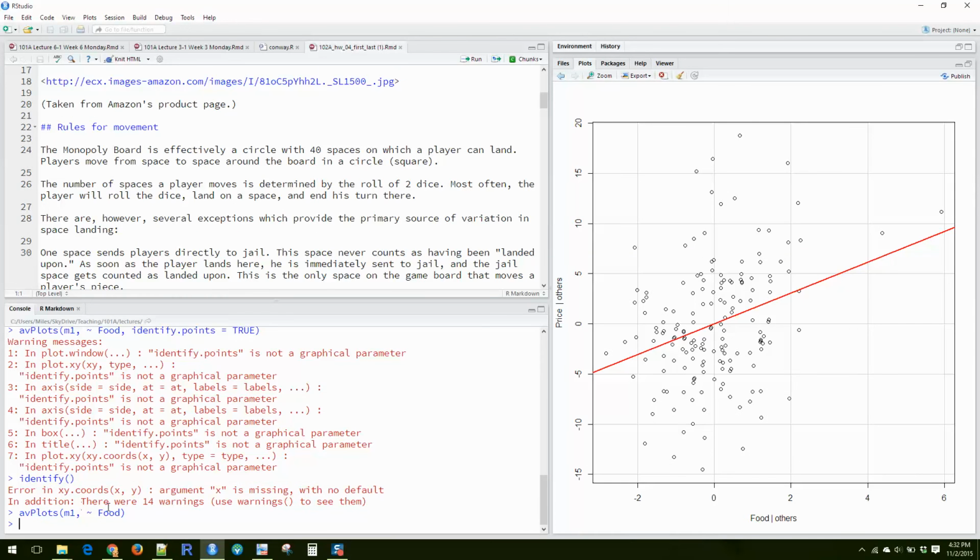Now I'm nervous that this is not going to work, but all right. So if I create M2, this will be our model without service, where we're predicting price based on food, decor, and east.